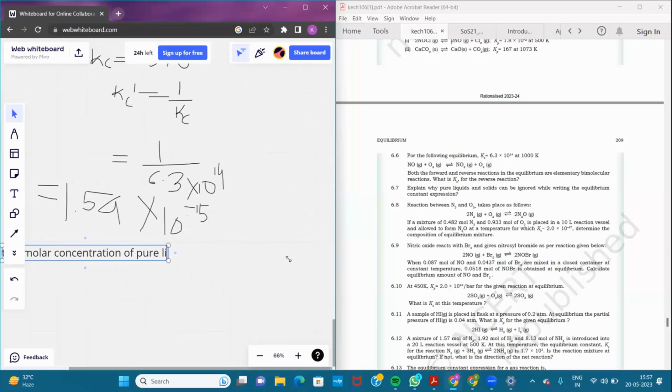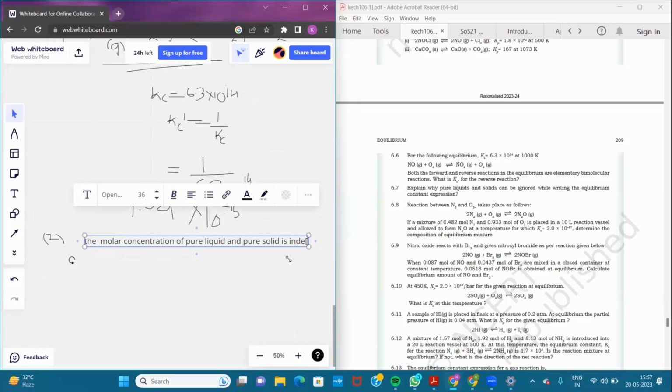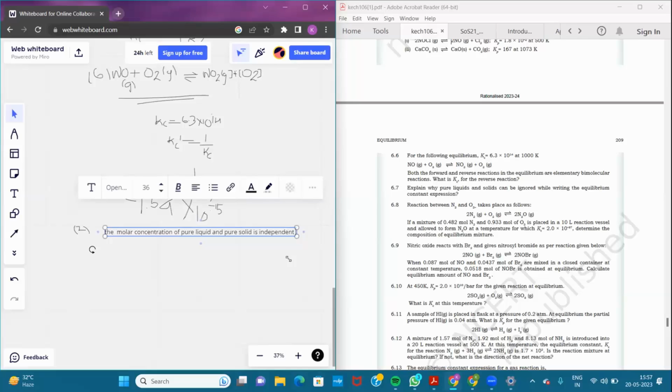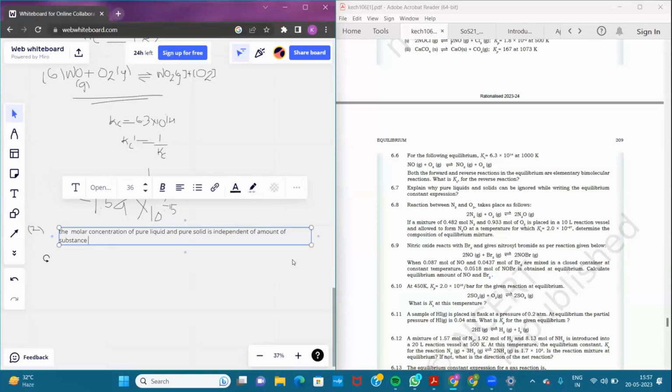Pure liquid and pure solid concentration is independent of the amount of substance present in the reaction.